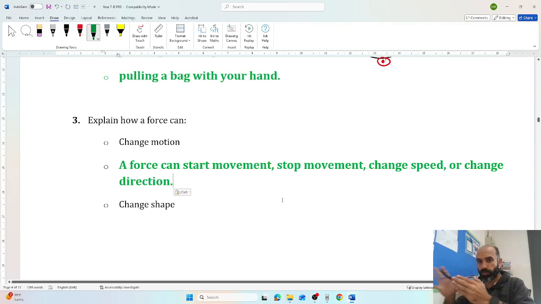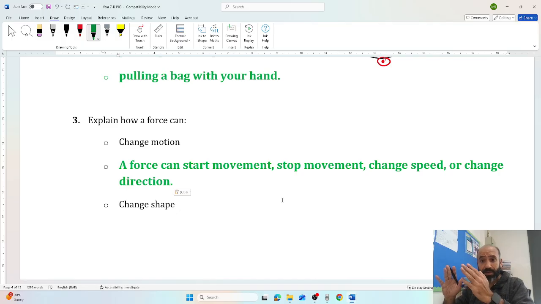If the object is moving to the right and you just apply extra force to the right, the object will speed up. If the object is moving to the right and you are giving a force to the left, the object will slow down, and so on, or change direction.